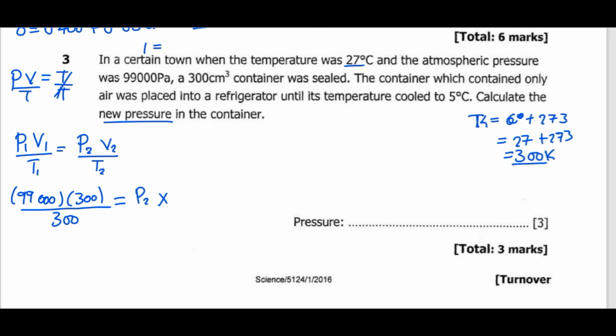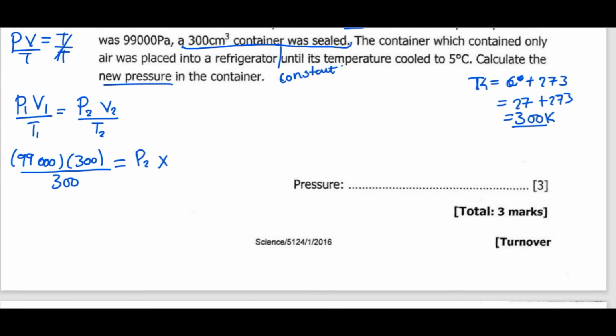We are only given one volume. So if we are given one volume for a question like this one, then we'll say volume is constant. So we need to use another equation here. Okay, so that's also simple. Let's make our equation. We know PV is equal to T. So this is what I want you to master.